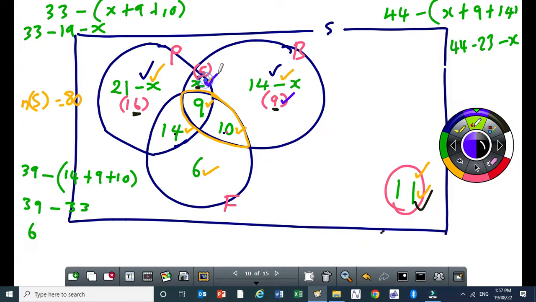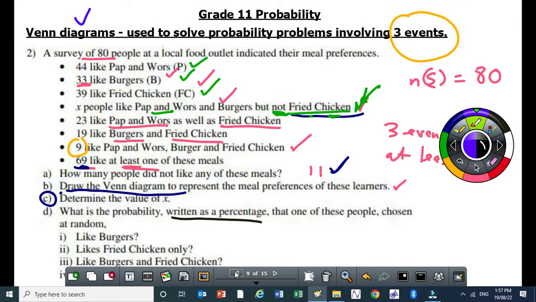So we also include those 5. And then we also need to include this 9. Lastly, we need to include this 10 because they also eat chicken. So if you add the 9 plus 10 plus 9 plus 5, you get 33.